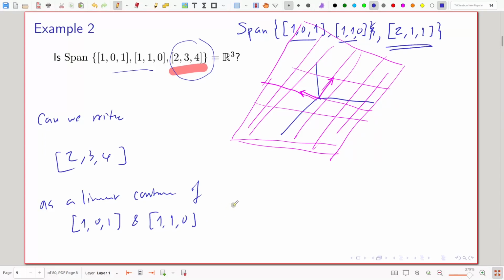Can you do that? Can we write this as a linear combination of those? No. Why can't you do that?